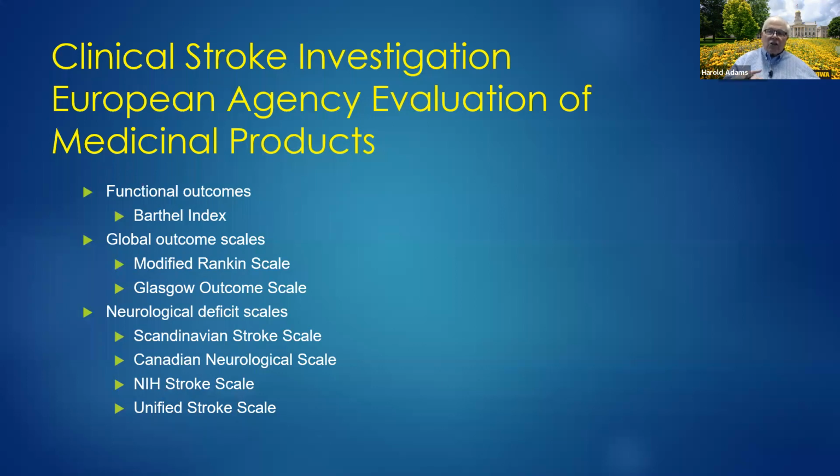Now, the NIH has similar rating recommendations for other clinical research projects in other areas of neurology. So go to the website and see what can be used, or what the NIH recommends you use. Next slide.